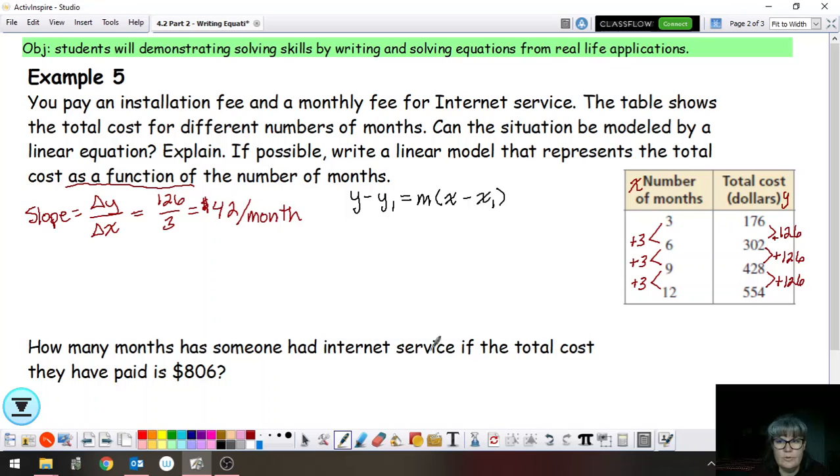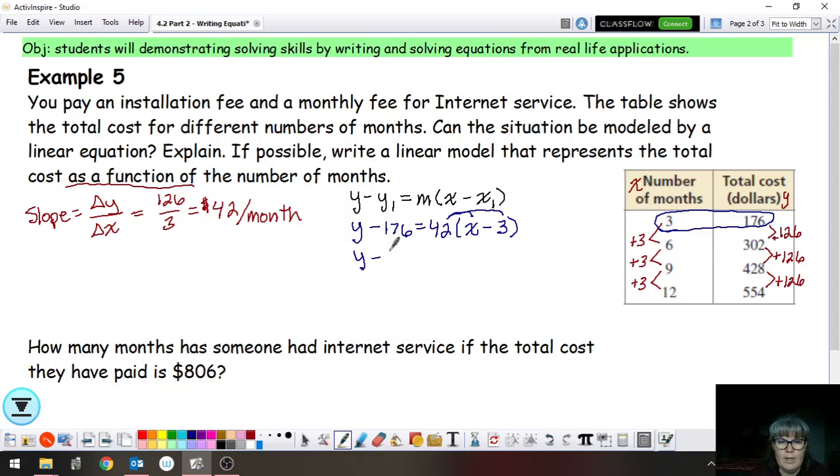So I'm going to again choose the values that are the smallest and place them in my point slope form of an equation. So we have y minus, my y value is 176, equals, my slope is 42, times x minus, my x value is 3. Distribute the 42.